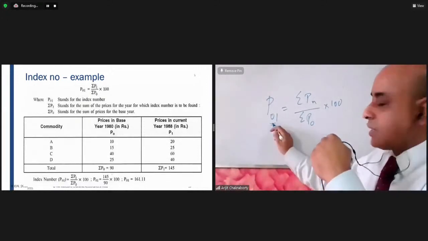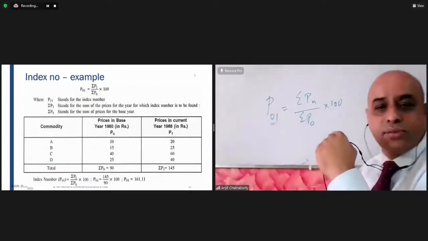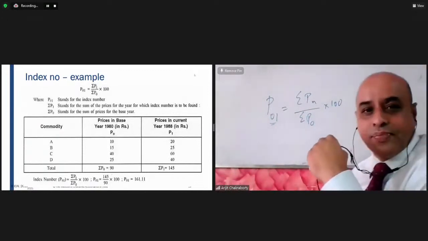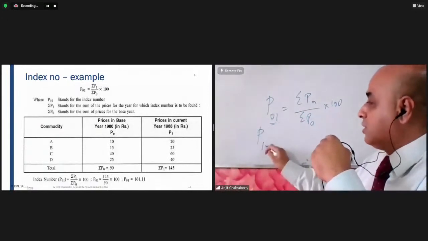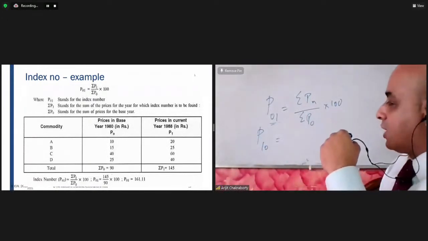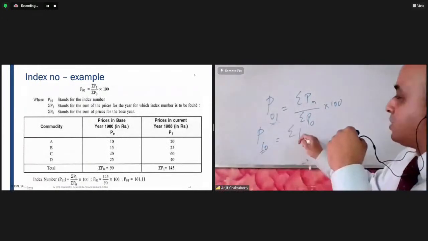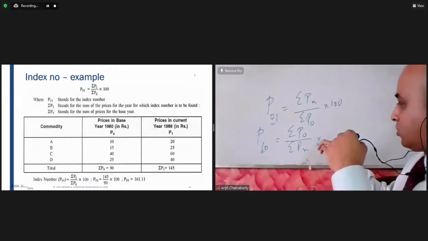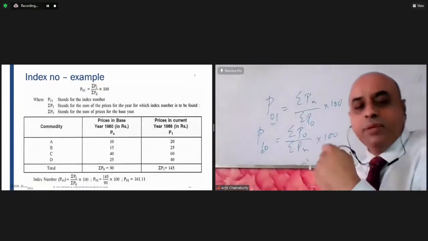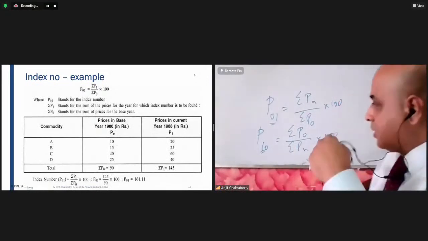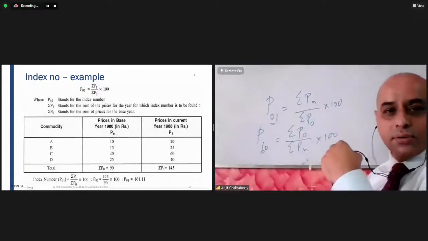The base year is taken as 0 and the current year is taken as 1, so it is basically Pn by P0. But if it is written P10, it will be the reverse. That means the base is the current year, so the formula will be sigma P0 by sigma Pn into 100. This is something we will use when we go into the time reversal test, TRT. So, P01 and P10.